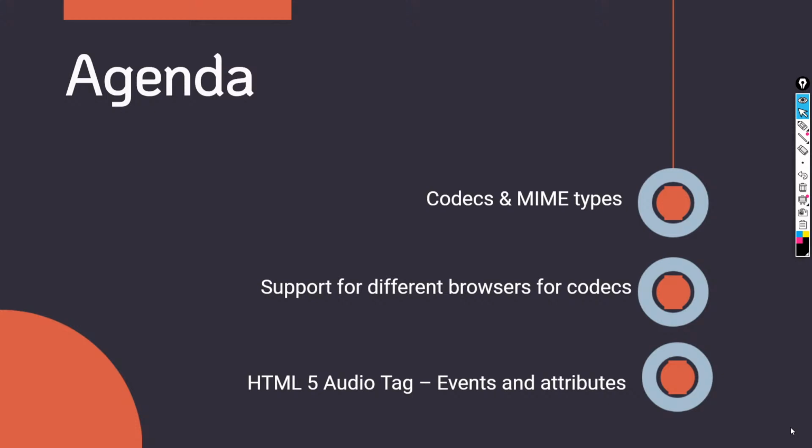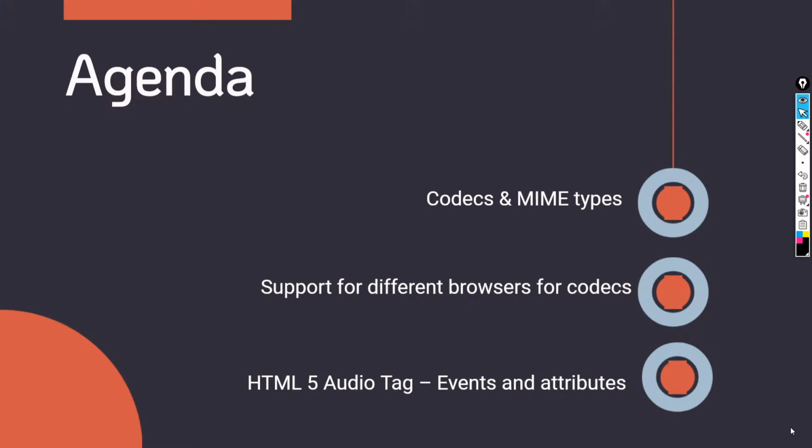We'll talk about different extensions as well, but there are two entities you need to understand: codecs, which your browser would support or not depending on the version of the browser you're using, and also the format used for encoding your audio or video file.